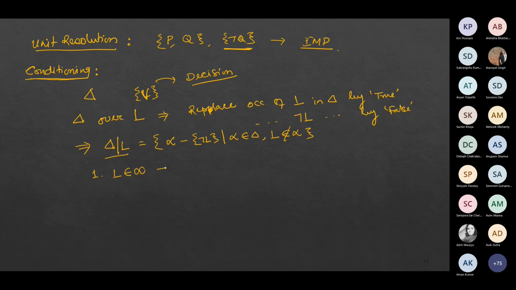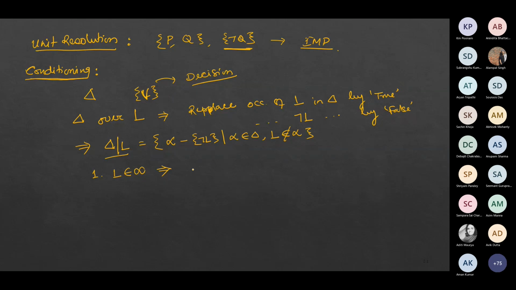Can anybody guess? What is your alpha? Alpha is a disjunction containing L, so it will be true. This alpha will always be true. If alpha becomes always true, there is no point in keeping it in the knowledge base, because I do not have to check it further.